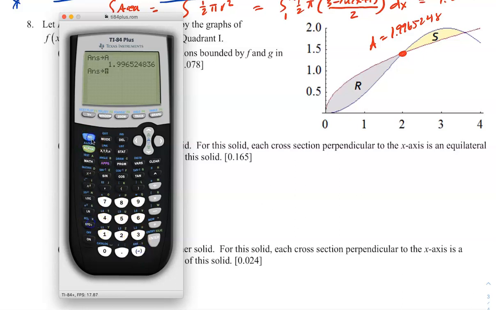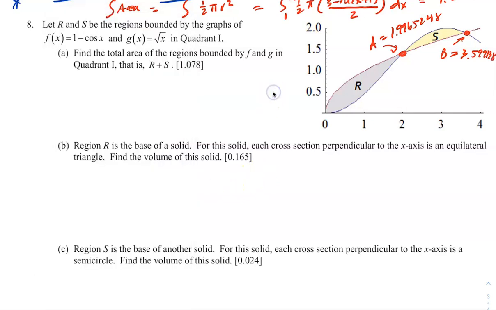I'm going to put this as B. Oh, man. I don't think it's going to work anymore. I think I have to go back. Let's see though. Yes, it worked. 3.599. So again, let us know what B is. So this is B, this is A, and B equals 3.599138. So they're both stored.